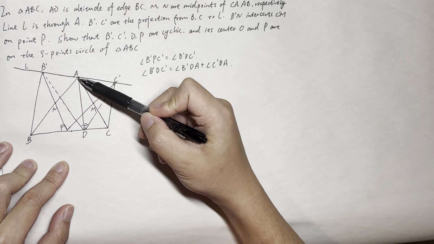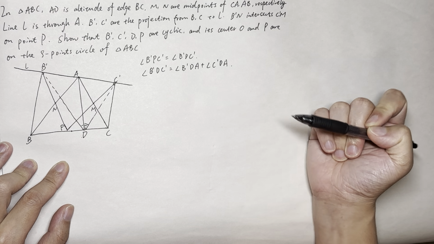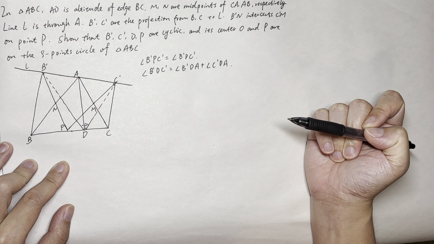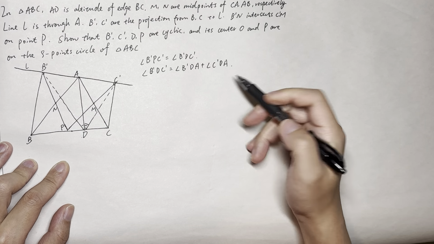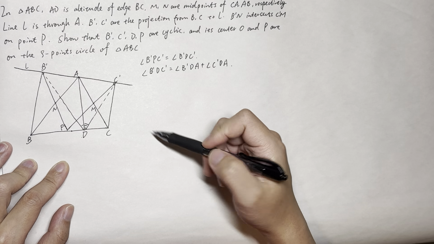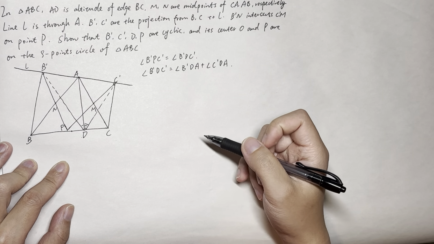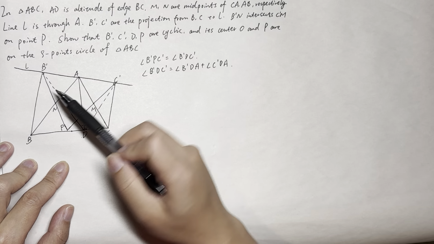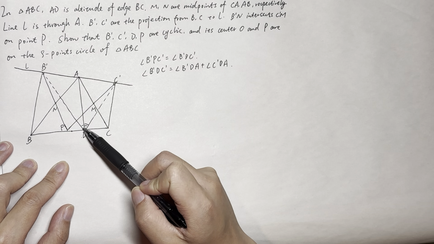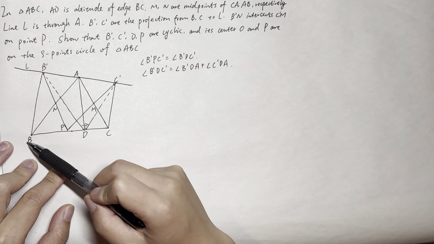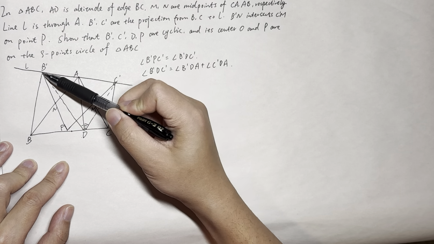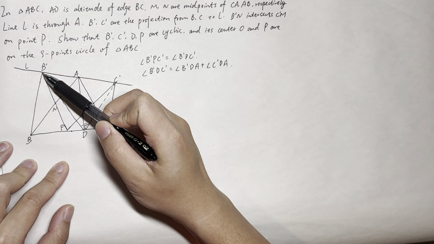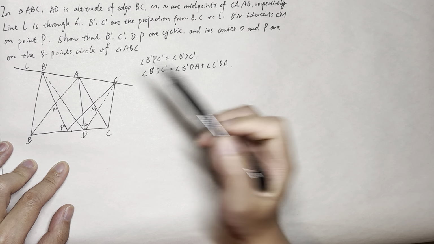So ADCC prime is a cyclic quadrilateral, which means angle C prime DA equals angle C prime CA, right? Similarly, because this is 90 degrees and this is 90 degrees, ADBB prime is a cyclic quadrilateral, and angle B prime DA equals angle B prime BA, right?